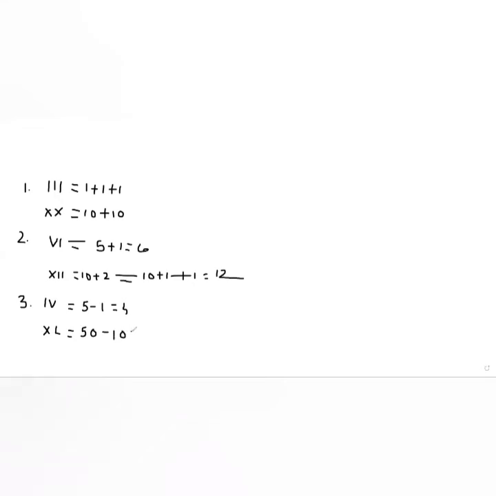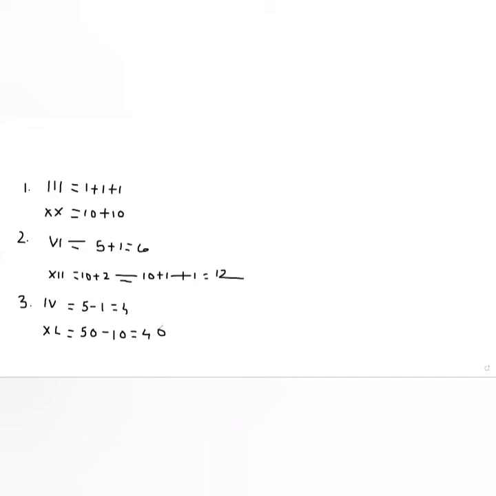So this number is representing 40. If we wrote 10 plus 50, would 60 be the correct answer? That is not correct. So 40 is the correct answer. Understand? This is 40 because 10 is smaller and L is greater. L is 50. So you will write 50 minus 10. Then that is subtraction. That's the correct answer.